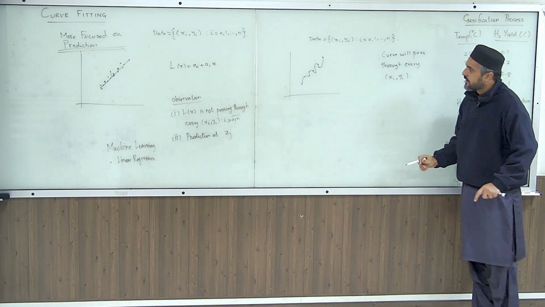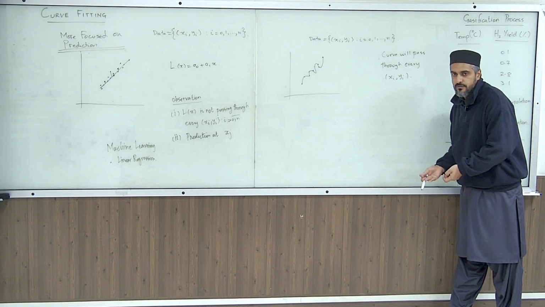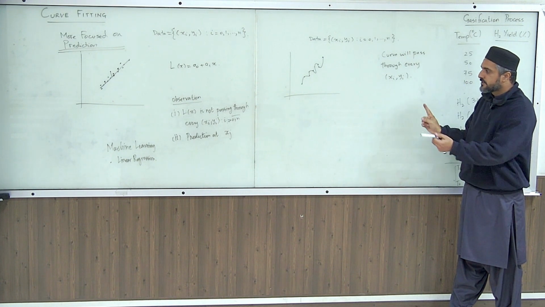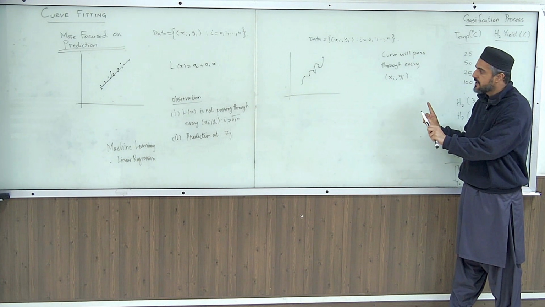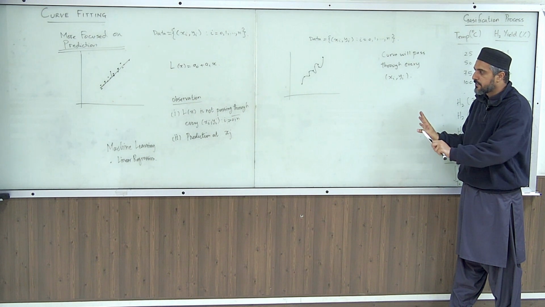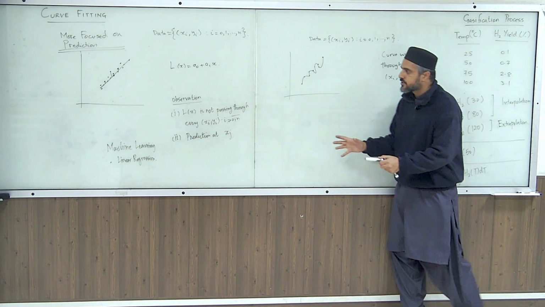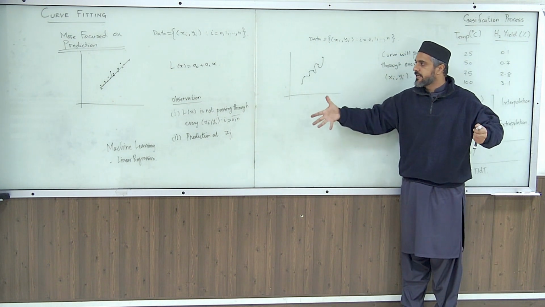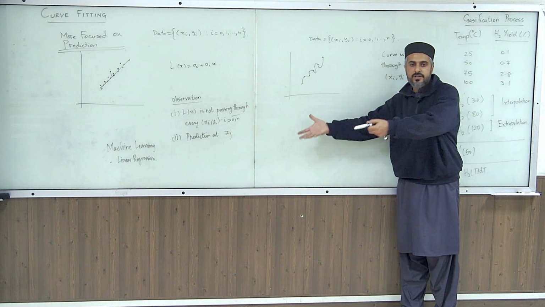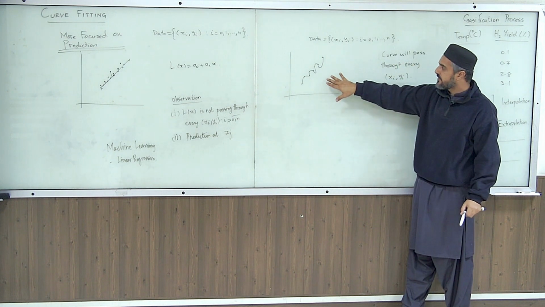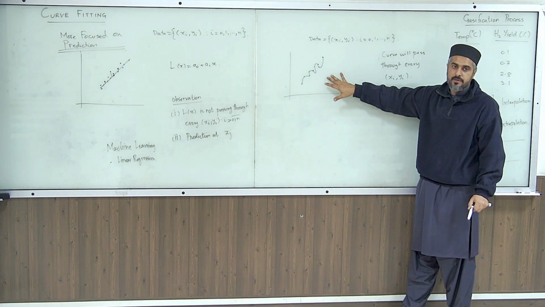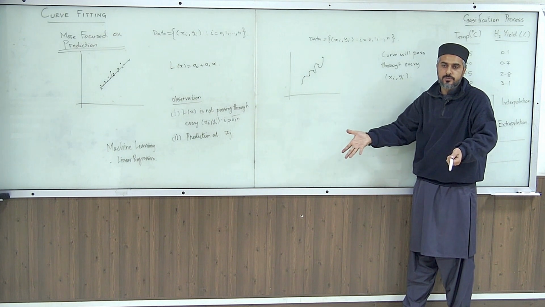Now I am trying to fit a curve which is passing through every point. So this is a clear difference between the two approaches. In one approach, I see the total behavior of the data, and then I try to fit that curve. In another, I try to pass through every point and see whatever curve is going to be developed.